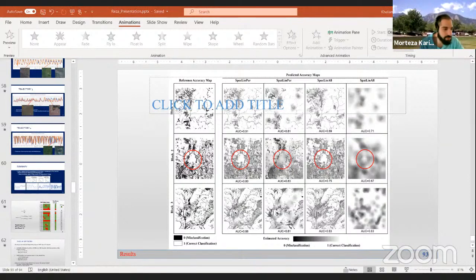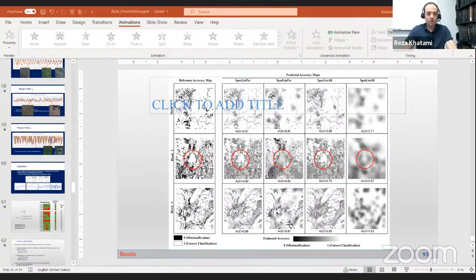Thank you. Another question is, how often do you need to do boots on the ground validation? Well, it depends. So you mean how often we need to collect data?